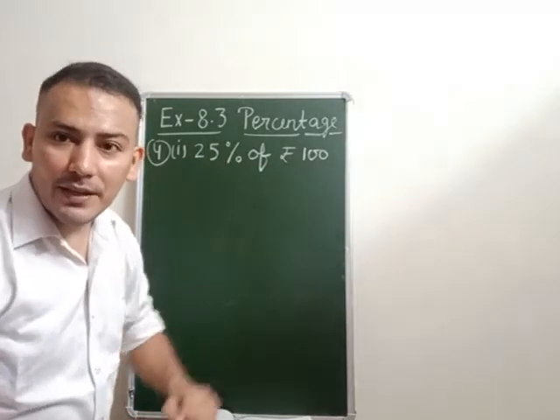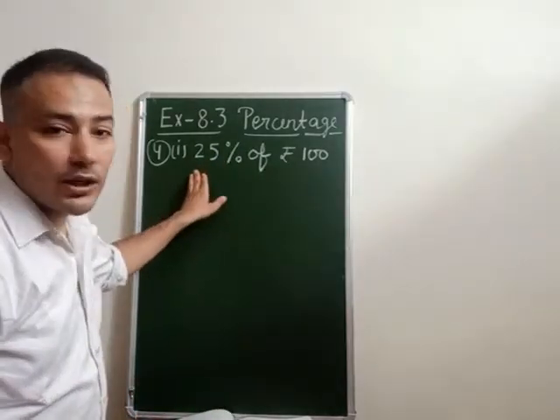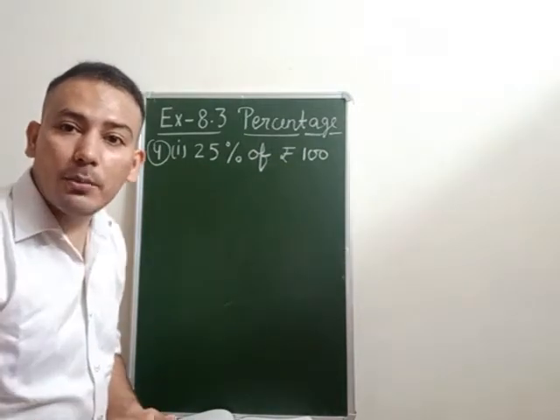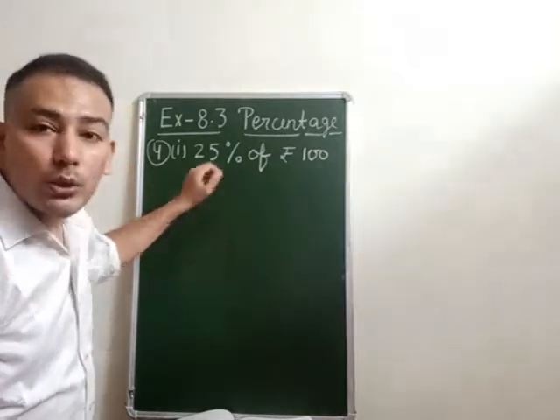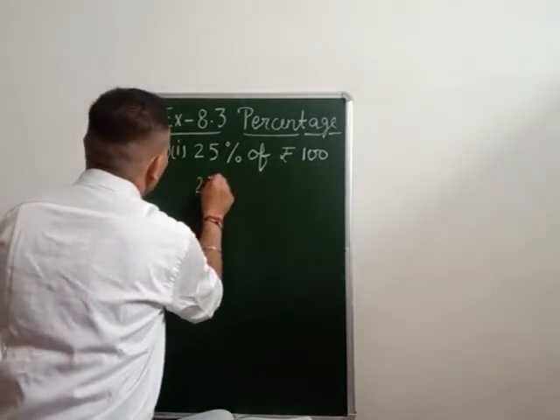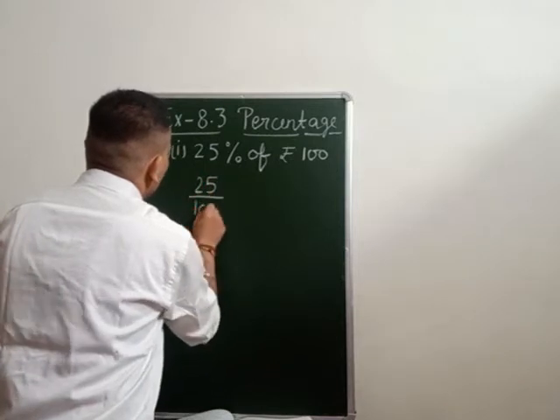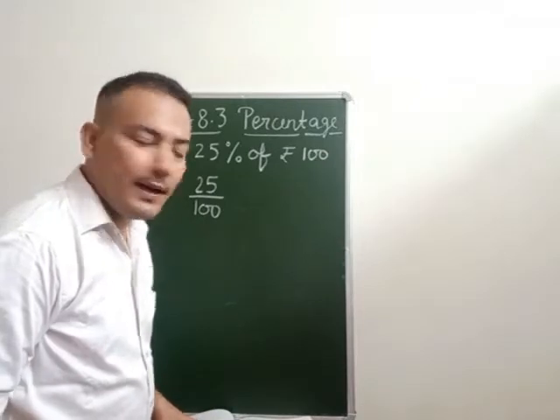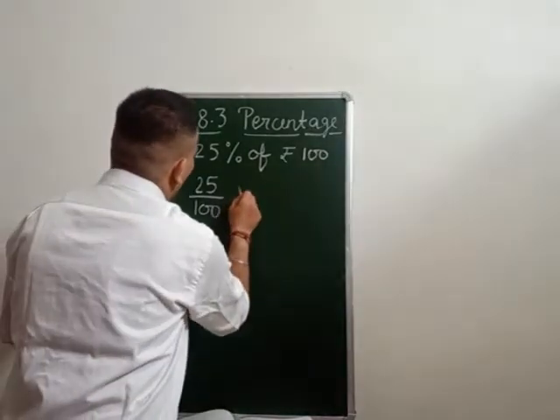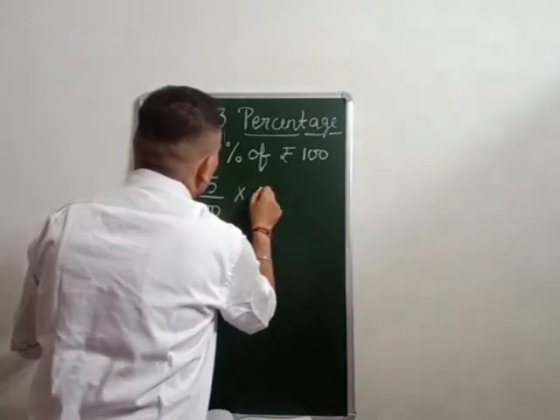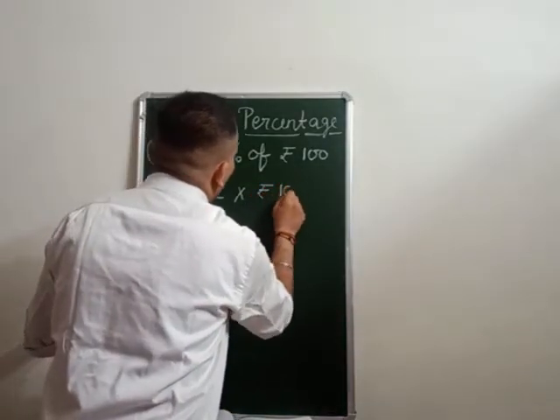So the percentage sign has been given after the 25. So what we are going to do is put the denominator 100 under 25. So 25 upon 100, and then of at the place of the multiply sign, and then rupees 100.